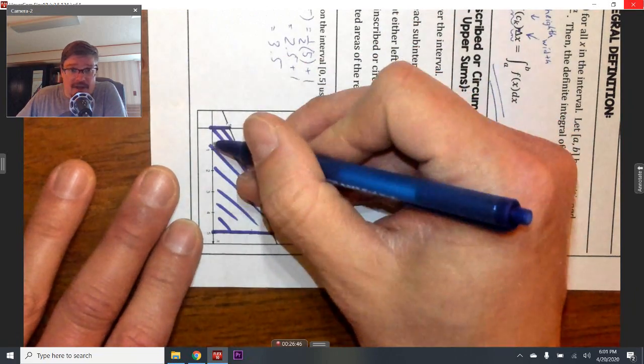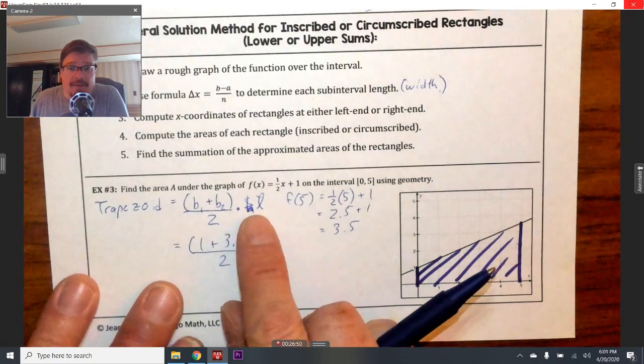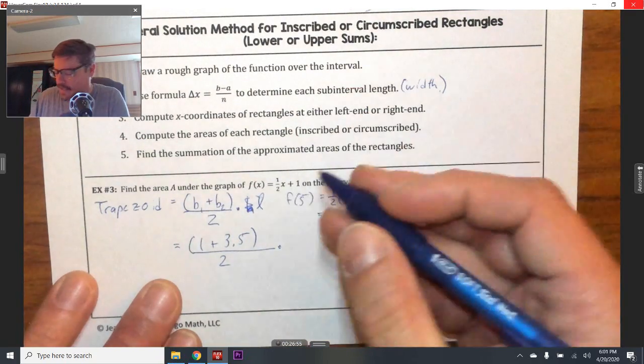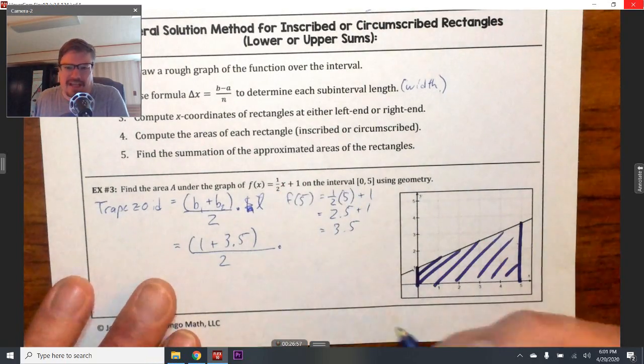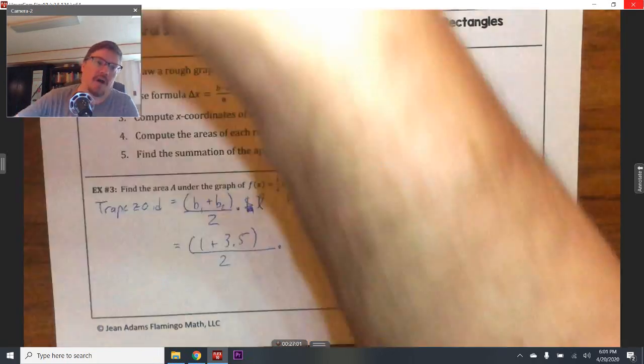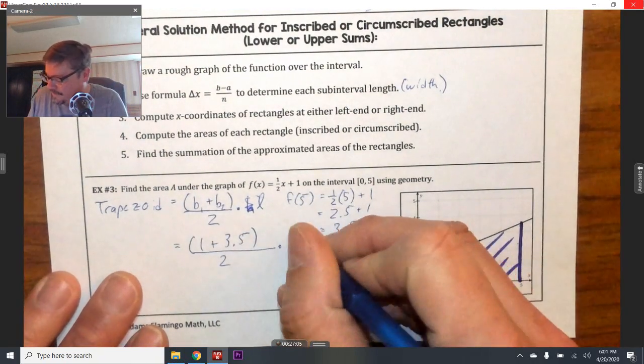Take the average and then multiply by the height. Because he's lying flat, it might be confusing to call this the height, but it's really the length. You can leave it as H as long as you understand that you want to multiply by the distance between B1 and B2. In this case it's 5.